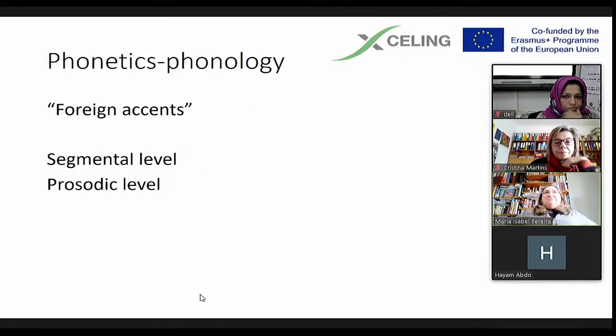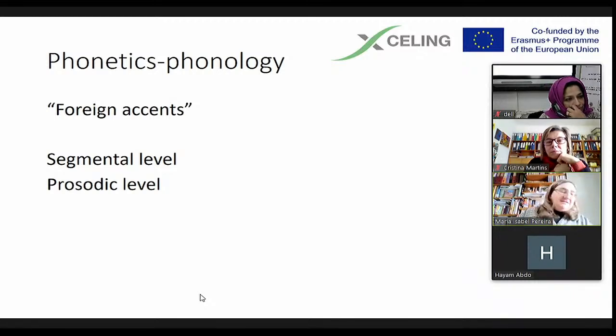We all are aware of what is called foreign accent. You are listening to me, and you are clearly distinguishing a foreign accent of English. It's quite perceivable, and we can even identify different foreign accents.